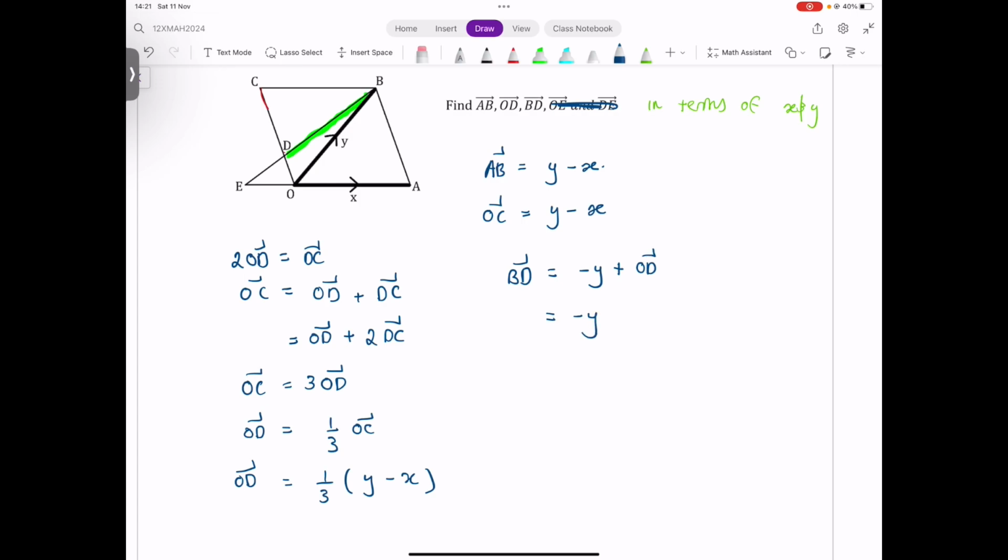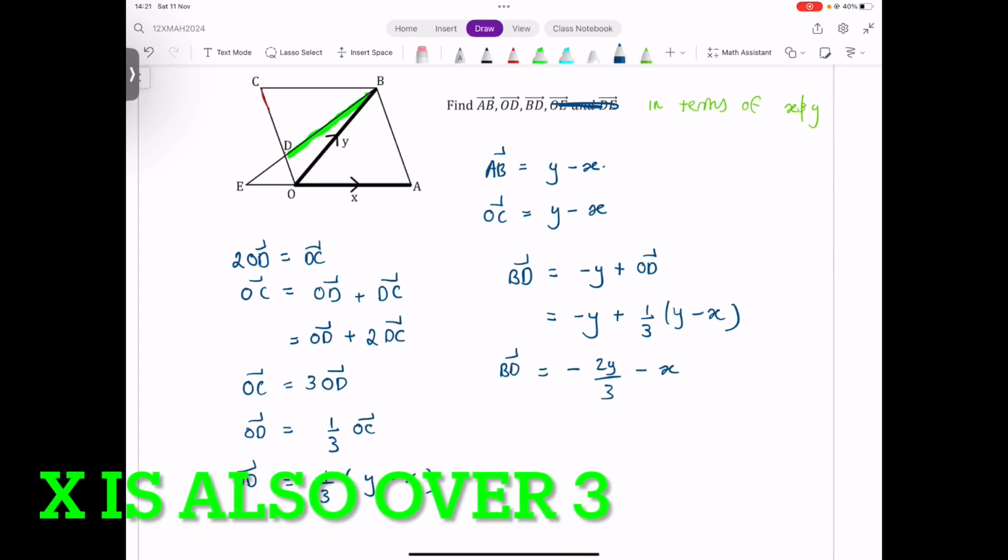Which is minus y plus OD. We already figured out that OD was 1/3 (y minus x). If we have a go at expanding that, we're going to have BD is equal to minus 2y on 3 minus x.